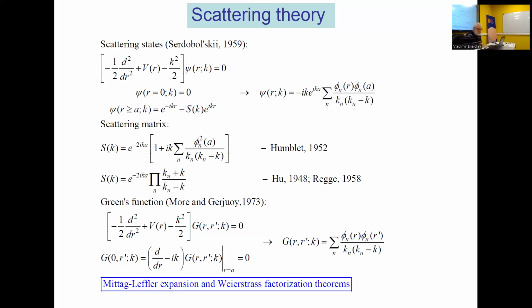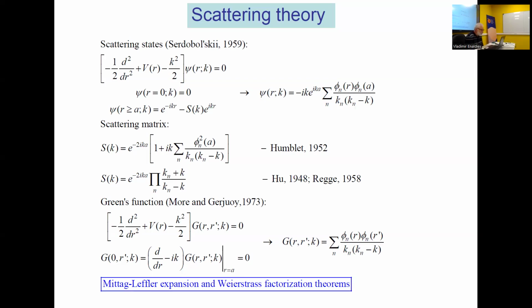But the same or a similar expansion in terms of poles can be obtained, and this is the Mittag-Leffler expansion theorem, for an arbitrary meromorphic function. Meromorphic means that this function has no other singularities except poles in any finite part of the complex plane.